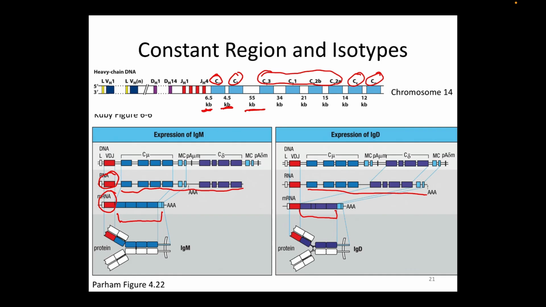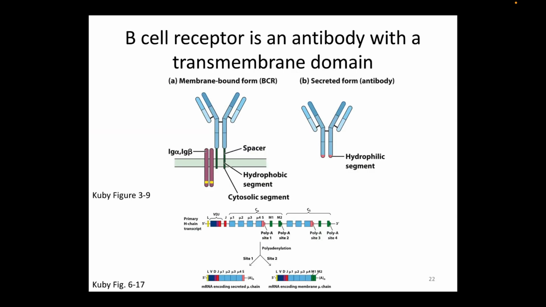Right away after that VDJ recombination, but it can't make any of the other isotypes at this point. Our B cell receptor is also coming from this same location. Again, we've mentioned that the B cell receptor is an antibody with a transmembrane domain, and you can see my C mu region, my C delta region in the RNA that I've mentioned on the previous slide.